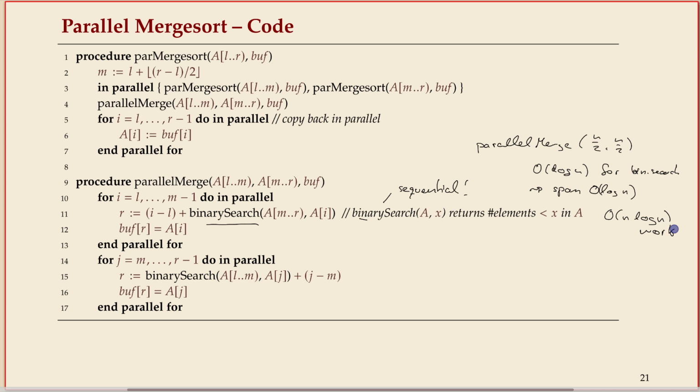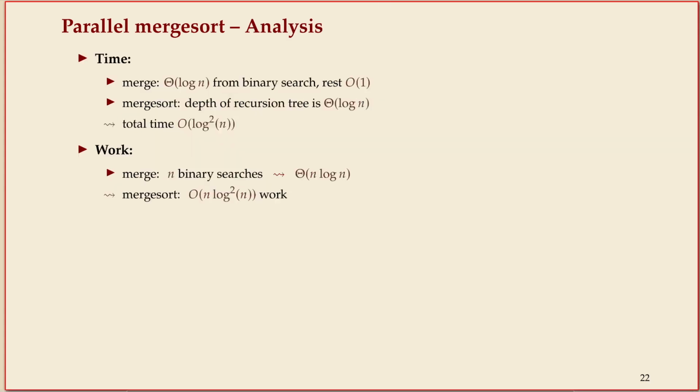Parallel merge needs n log n work, but we could do the standard merge in linear work. But at this point, we'll leave it with that. So we get log n span for the binary search, but the overall work for one merge is n log n.